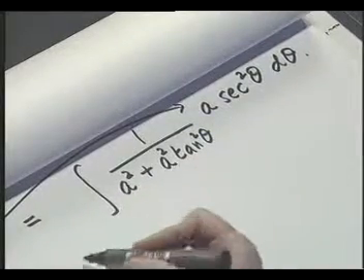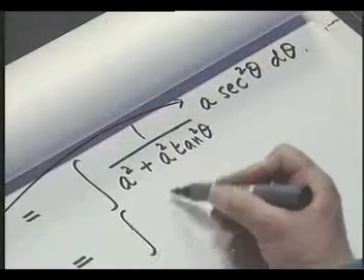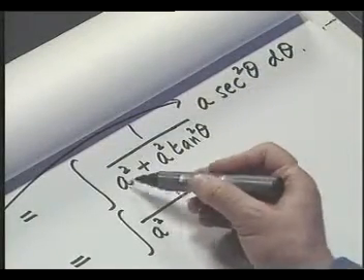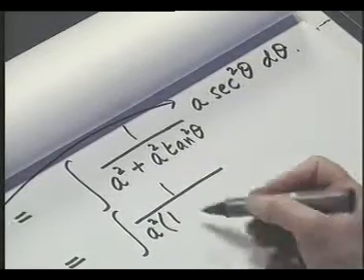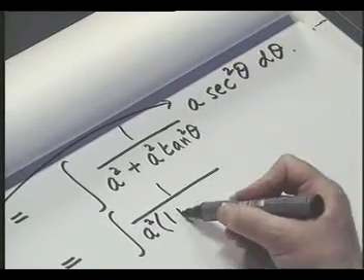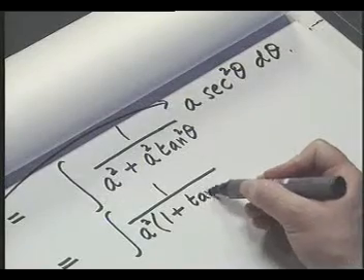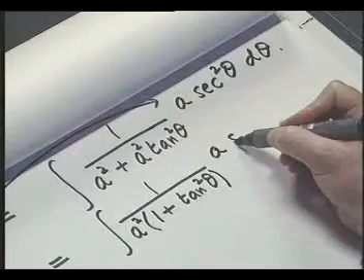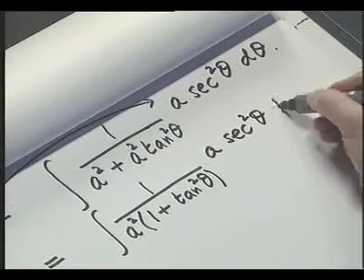Now what I can do is take out a common factor of a squared from the denominator. Taking an a squared out from this term will leave me 1. Taking an a squared out from this term will leave me tan squared theta. And then still on the top I've got a sec squared theta d theta.